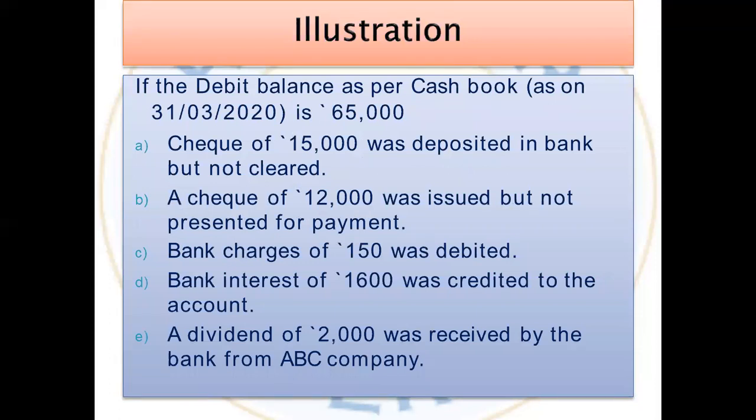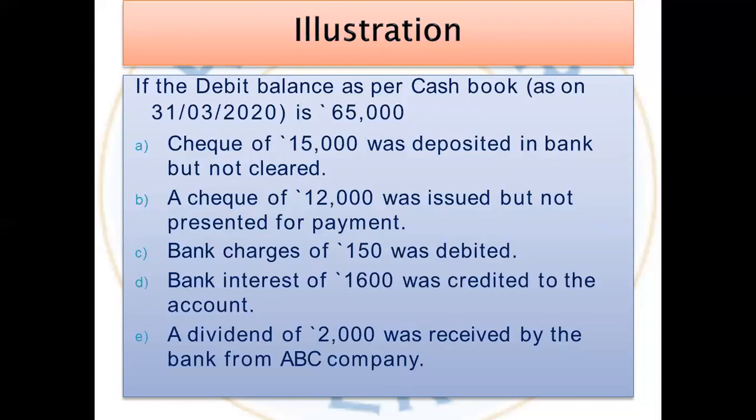Now let us take an example, a very easy example. In every BRS, the balance will be given either for the passbook or for the cash book. Here we can see in the very first line, the debit balance of the cash book is given. Now the first thing is, a check of rupees 15,000 was deposited in the bank but not cleared.